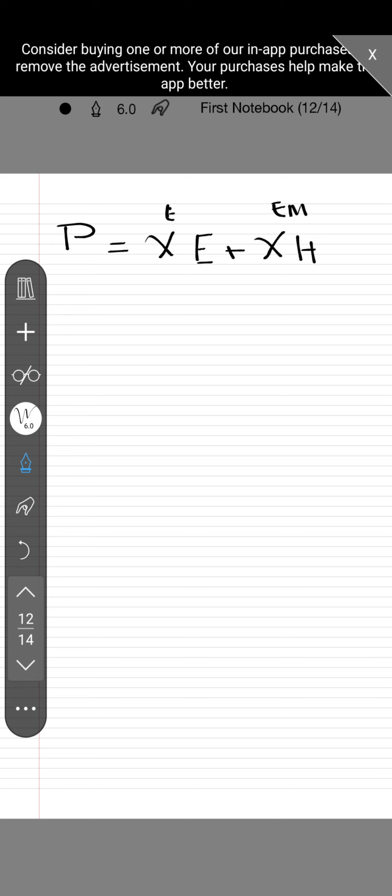This is for the first case, when there is a change in polarization due to the magnetic field. For the second case, the induced magnetization M is equal to the magnetic susceptibility multiplied by the magnetic field applied, plus again the magnetoelectric susceptibility into the electric field applied.